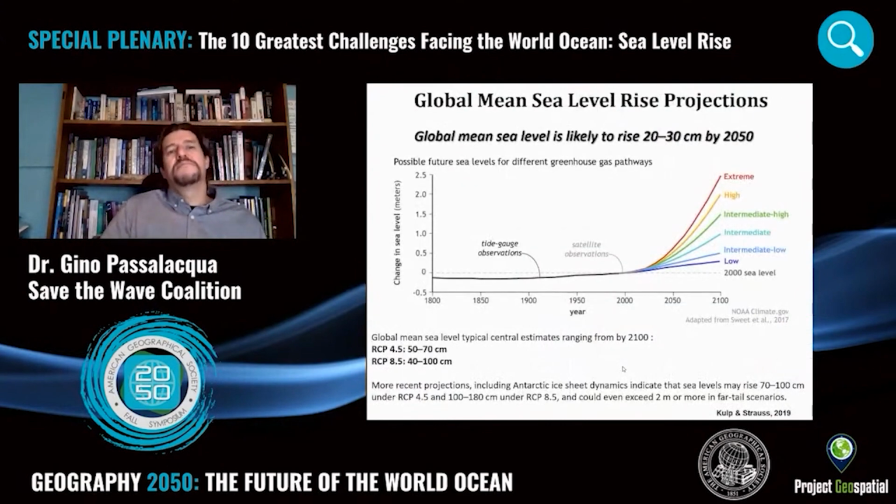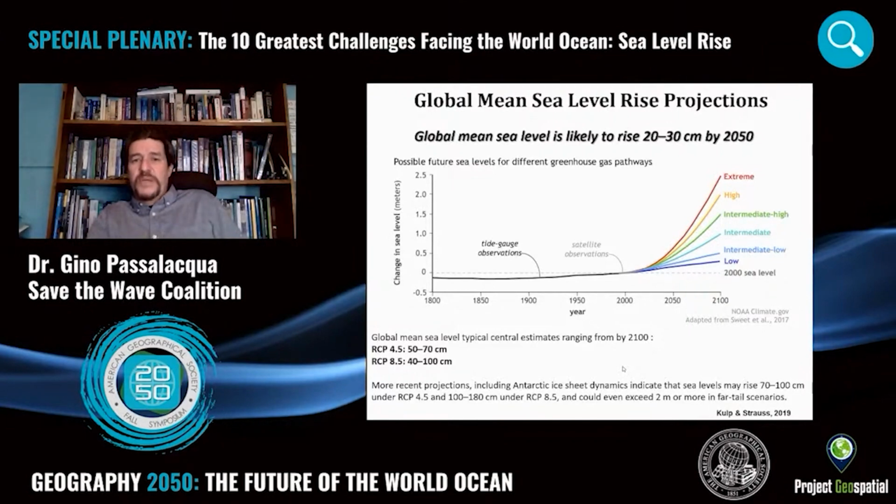What are the global mean sea level rise projections? It's likely that sea level is going to rise between 20 to 30 centimeters by 2050. And depending on the global warming scenario, there's going to be an increase of 50 to 7 centimeters for the RCP 4.5 scenario, and for the RCP 8.5, there's 40 to 100 meters.